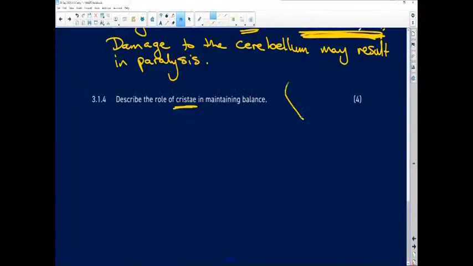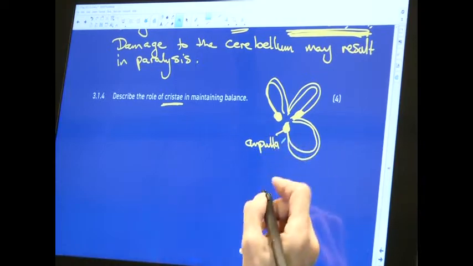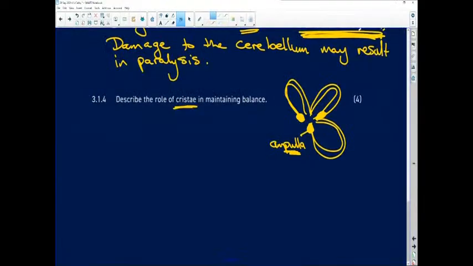You've got those semicircular canals, all three at right angles, so they're at different planes. At the base of each one, you have a swelling, and that swelling is called your ampulla. Inside the ampulla, you have specialized little hair cells called cristae.